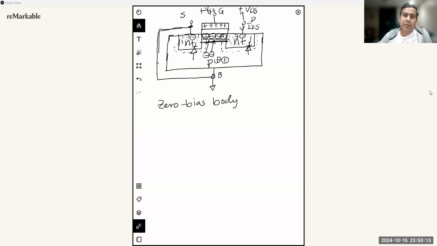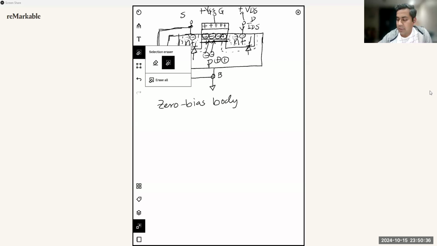But sometimes your source terminal will have a different voltage than the body terminal. It may be slightly above, at a certain voltage point in the circuit where that is the voltage of the source terminal. And then essentially we can represent it with a voltage source here between the source and the body.